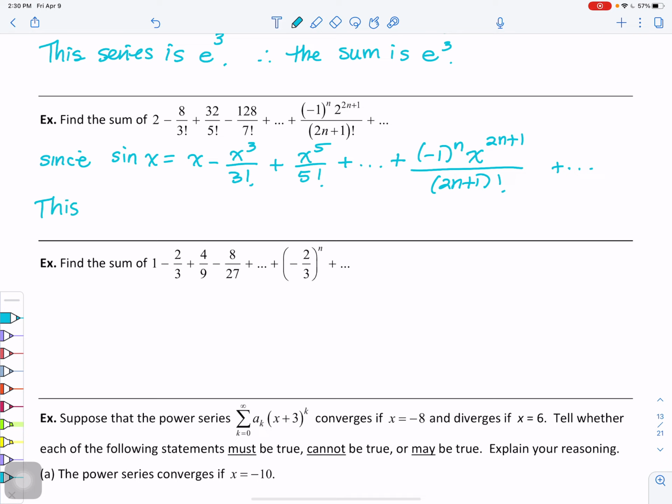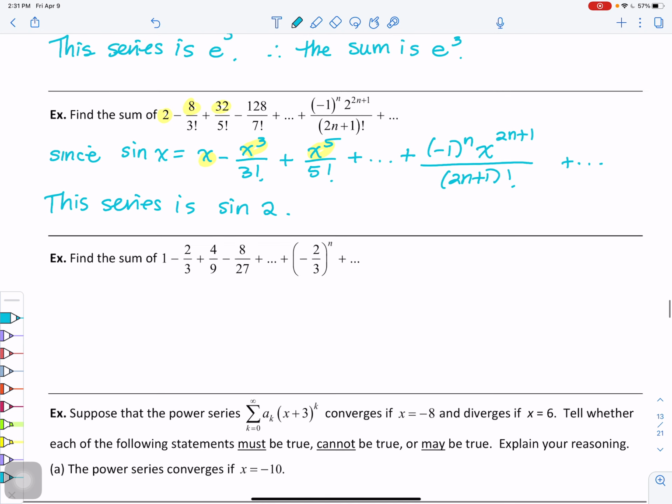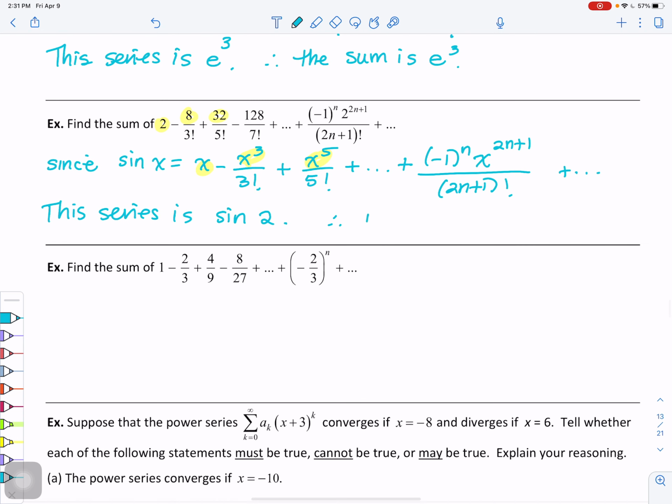This series is the sine of 2. So as you can see, everywhere there's an x, we have a 2. Okay? So what could we say? Therefore, the sum is equal to the sine of 2.